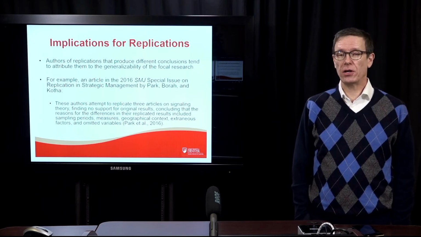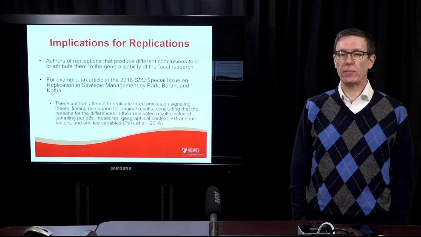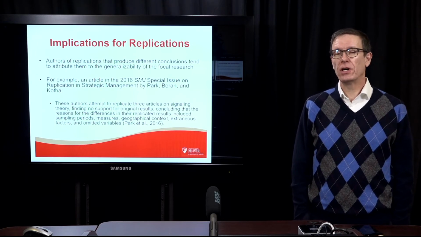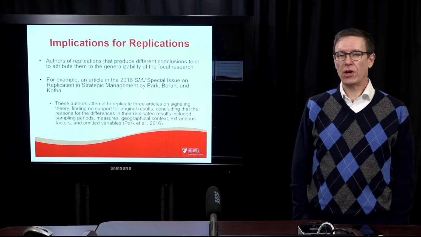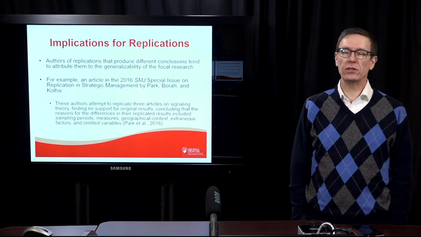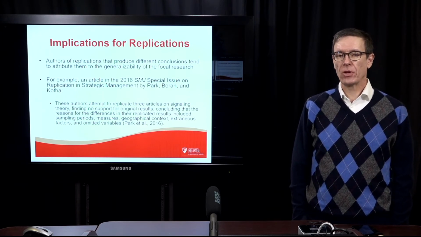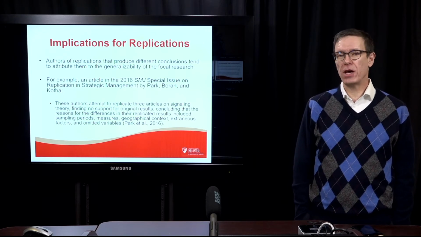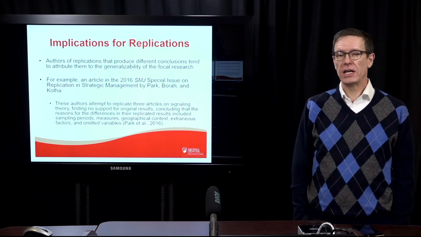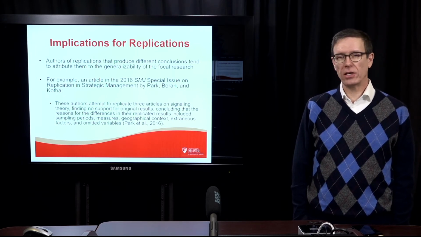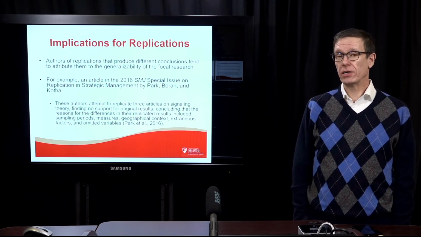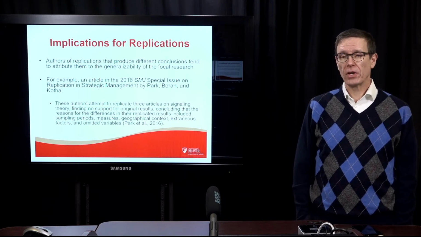For example, an article in a 2016 special issue on replication attempted to replicate 3 articles on signaling theory. They found no support for original articles, and they concluded that the reasons for the differences were due to sampling periods, measures, geographical context, extraneous factors, omitted variables, and so on. A very likely conclusion, very understandable conclusion.